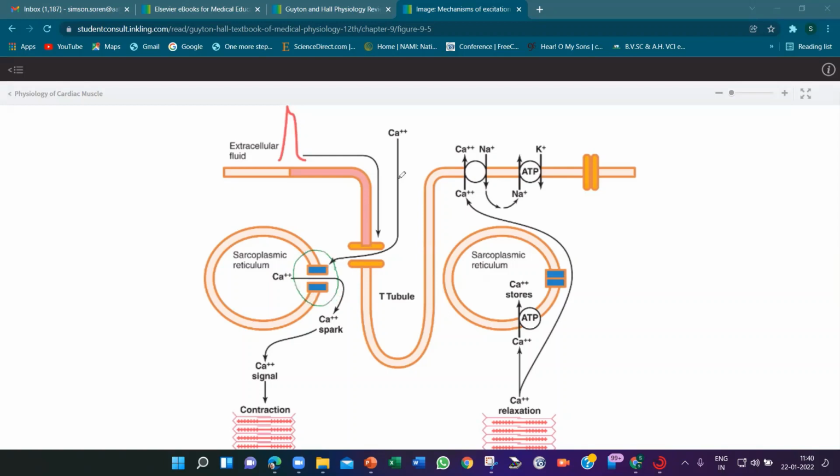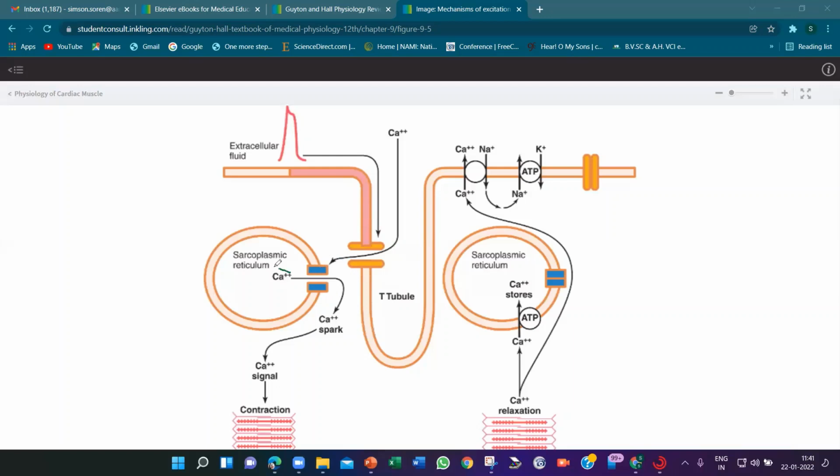So calcium comes from the extracellular space and enters through the voltage gated calcium channel as the action potential moves over the membrane in the area of the T-tubule, and when the calcium entry occurs, it activates the calcium release channel, that is the ryanodine receptor.